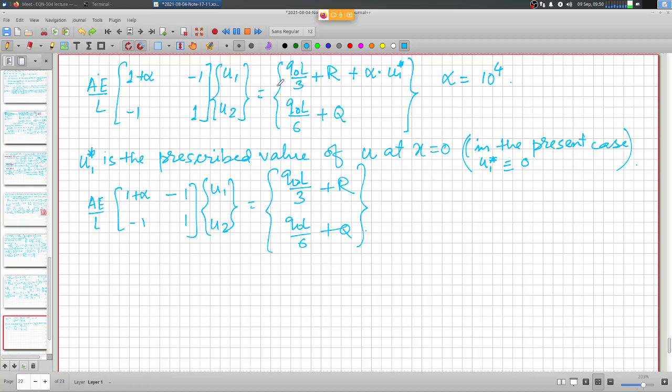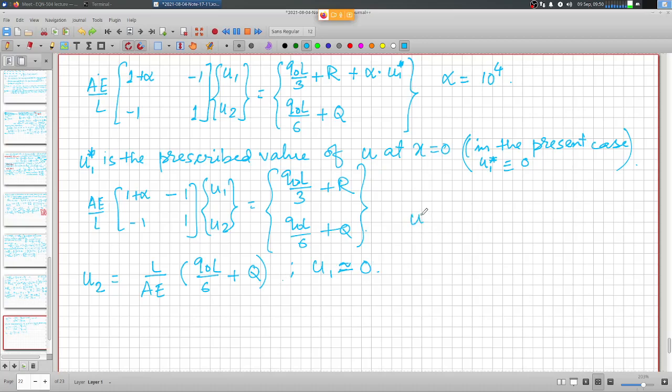So now we can solve this system of equations and find out u2, and u1 will evaluate to 0 approximately.